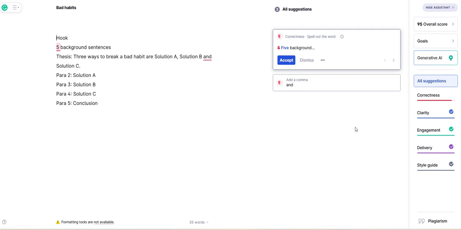Basically what you have here is just my template, and you're thinking, what am I going to do with this template? And how do I do that? What are my 3 solutions? I don't know the 3 solutions to break a bad habit.